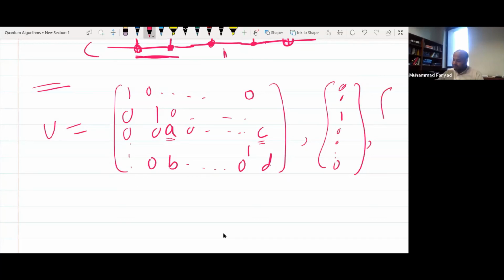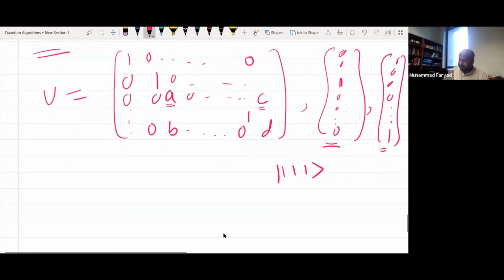So this state and this state. And this is the computational basis state which I think is given by, so this is the one which is given by 1 1 1, and this is the one which is given by, if you want to work out, this I think is 0 1 1.